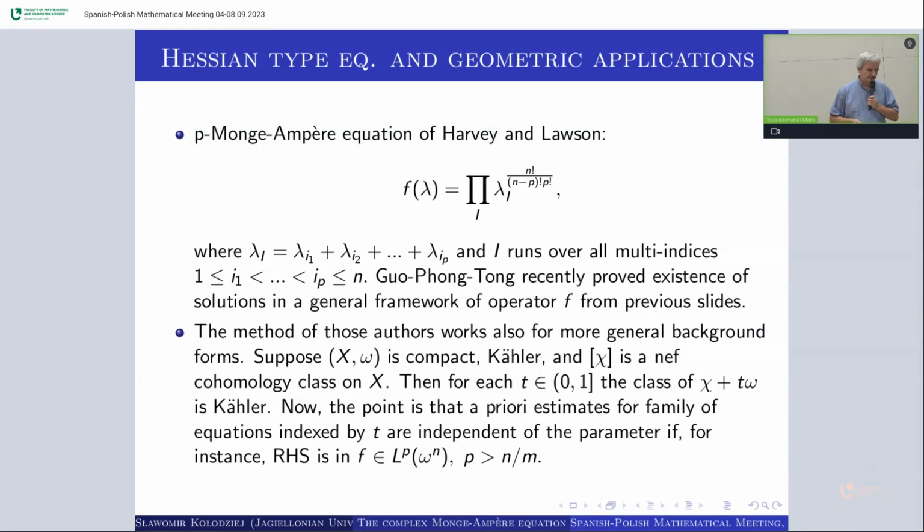And then you would like to have a priori estimates which are valid up to this limit. So we consider the family of metrics, and we should have the same estimates with the same constants for the whole family of metrics. This is also something which is being done nowadays.